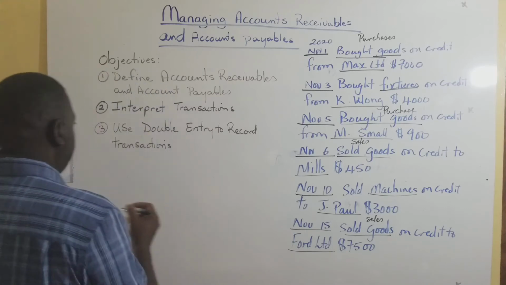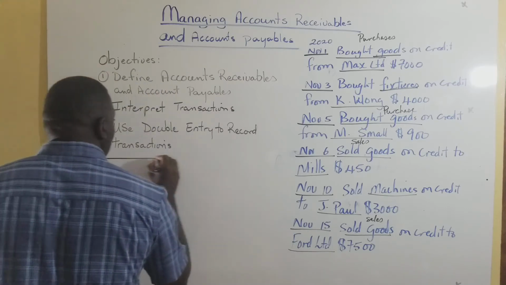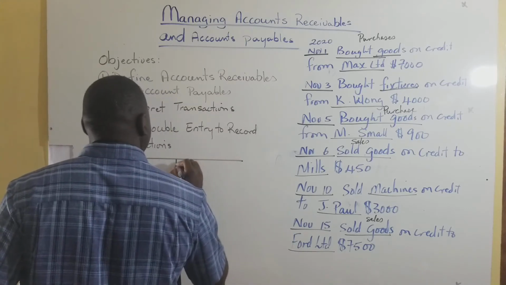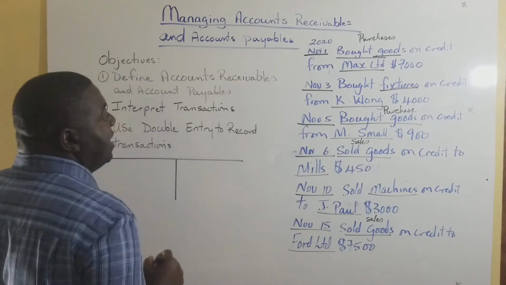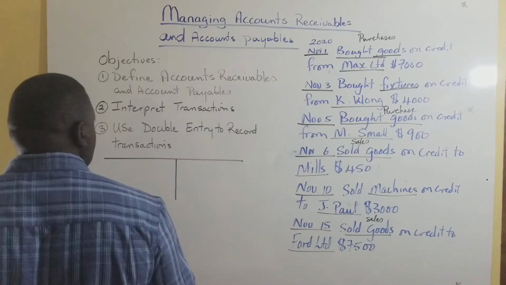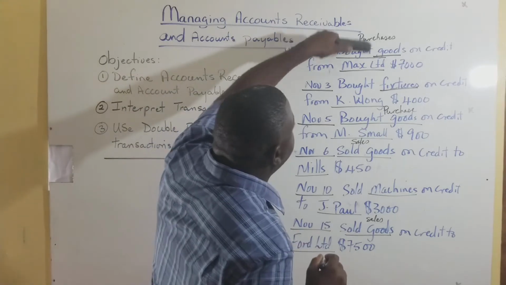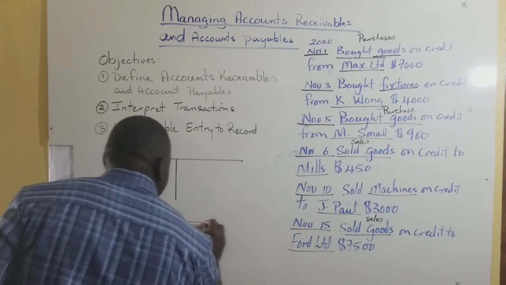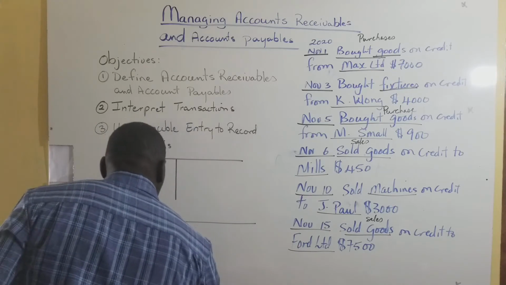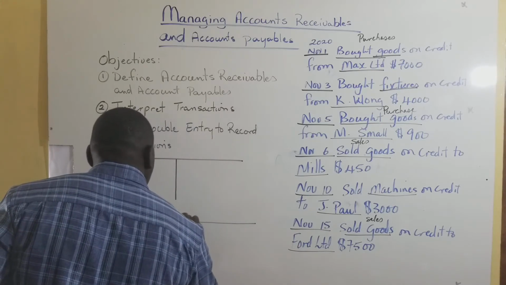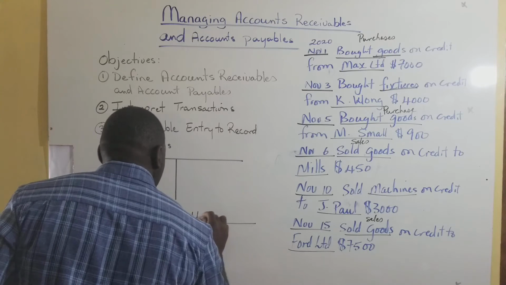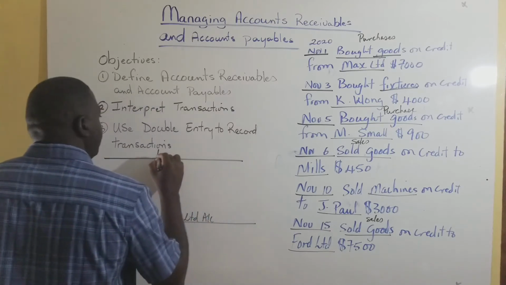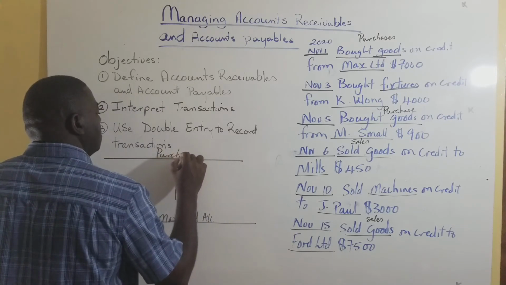So we would have a purchases account open, and in this transaction we said purchases and Max Limited, so we are going to open Max Limited's account and our purchases account.